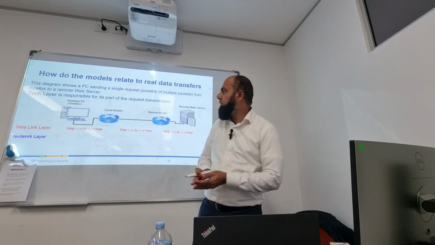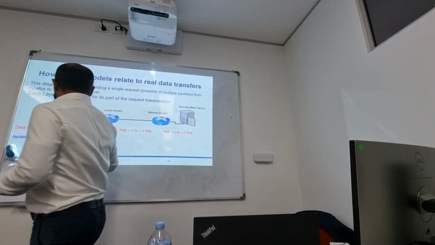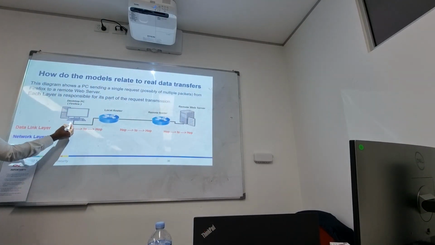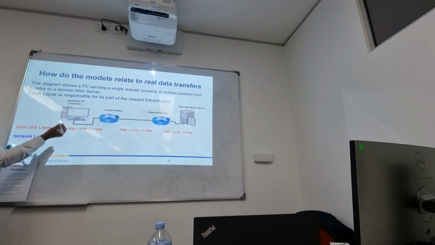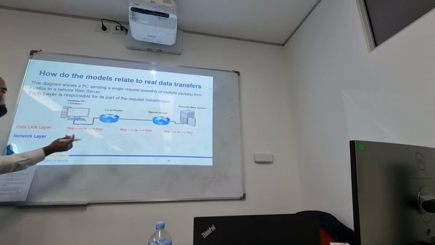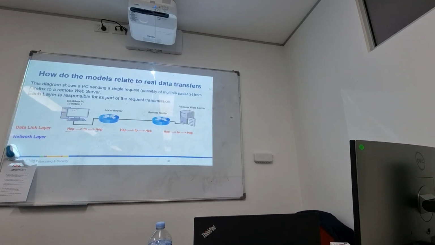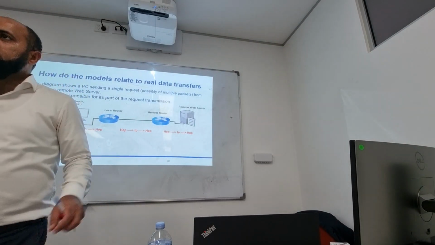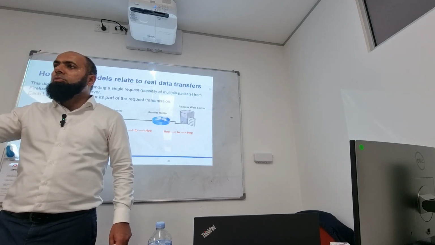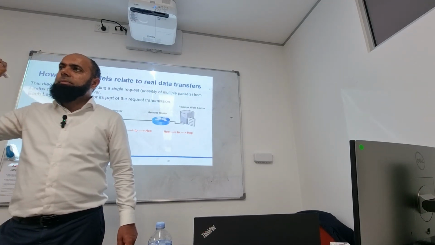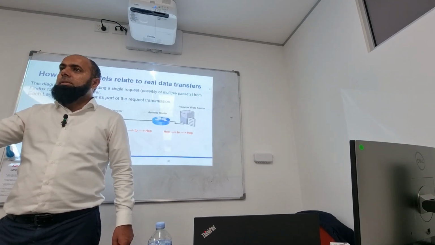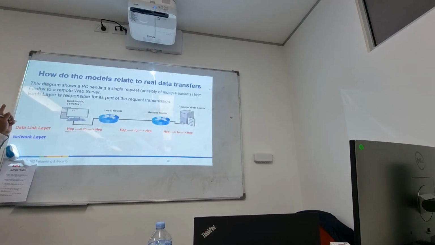So any information generated by this PC goes hop to hop, meaning how a kangaroo hops, jumps. Let's say I am connecting to an eBay server from my computer; how many different routers does it jump through to reach there? That is known as hops. That information is only with the data link layer.